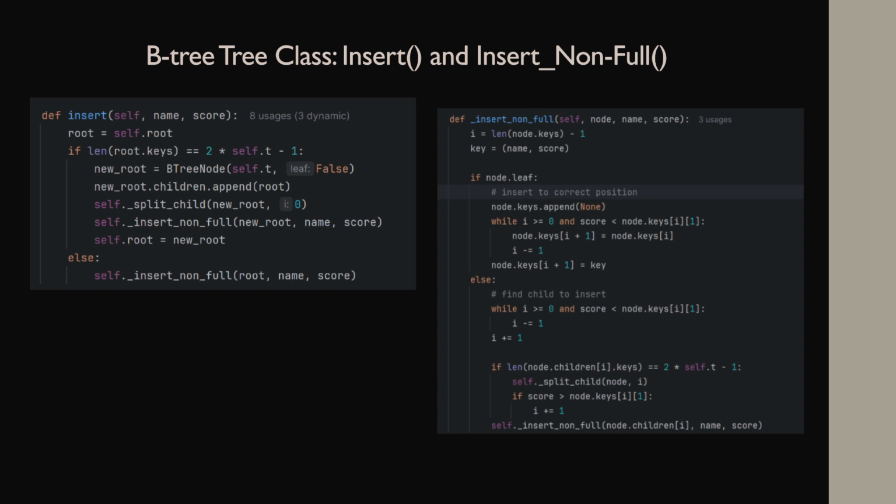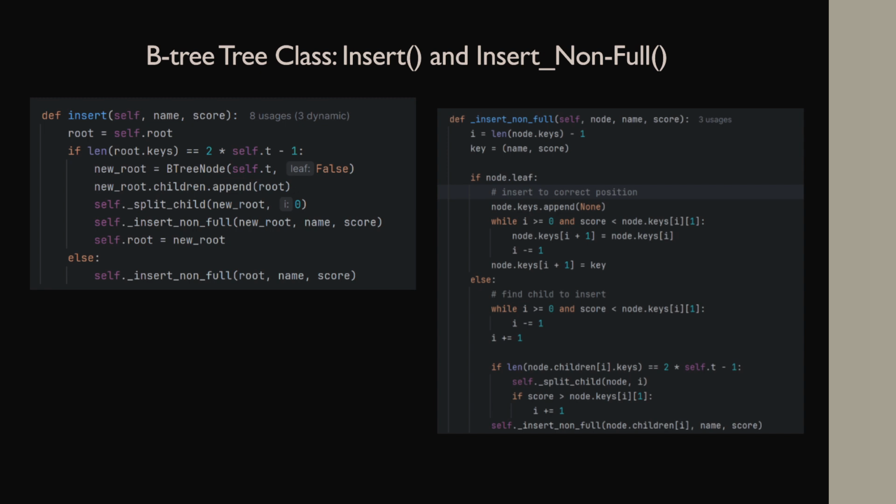Then new_root.children.append makes the current root the child of the new root, and then we call split_child, which splits it, and the middle key is moved up to the new root, and it is split into two nodes. But I will get into that in the next slide.